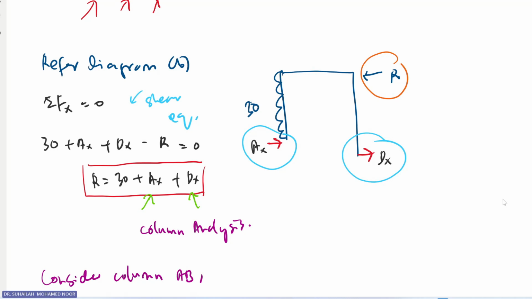Calculating AX and DX is actually a static equilibrium equation. It is just applying the equilibrium equation like what we do when we analyze a simply supported beam.